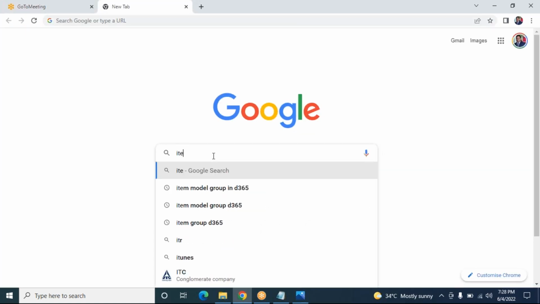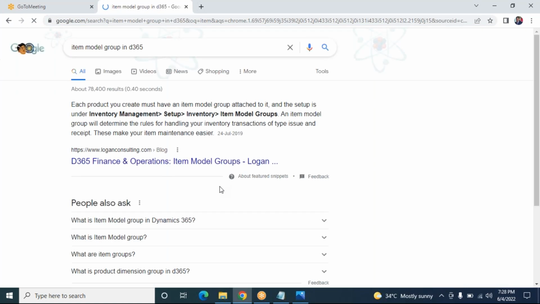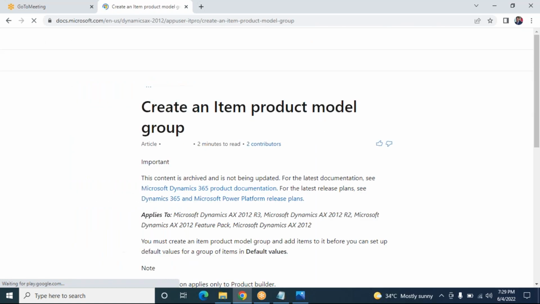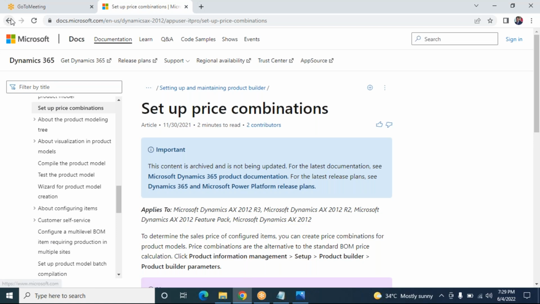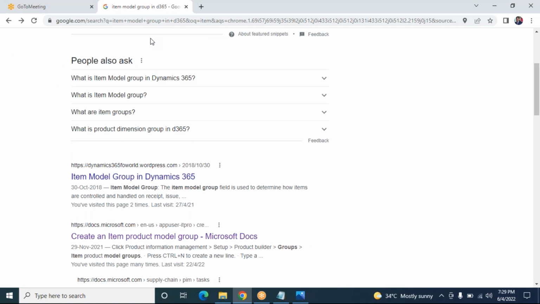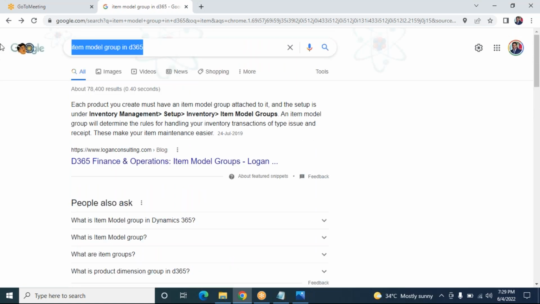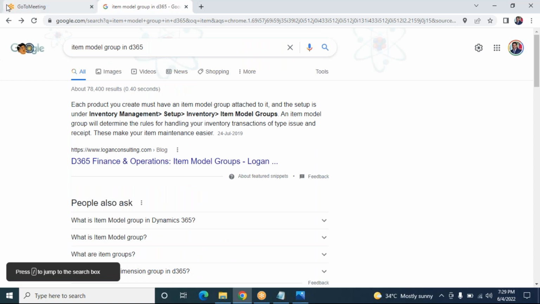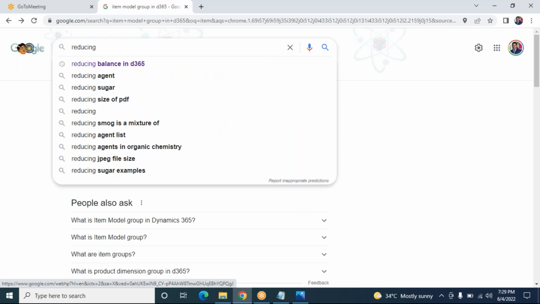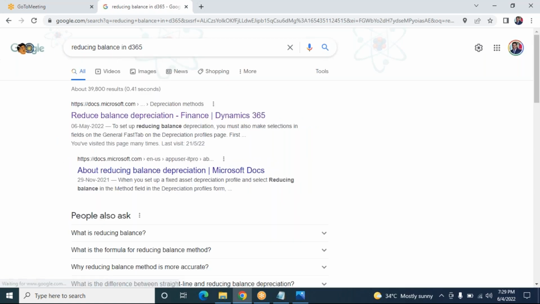Suppose I'm telling you about item model group in Dynamics 365. If I type here docs.microsoft.com, it's not coming. One minute. Suppose I have typed reducing balance in D365.